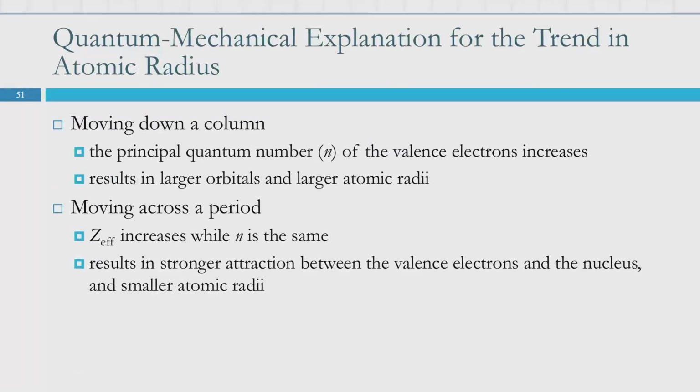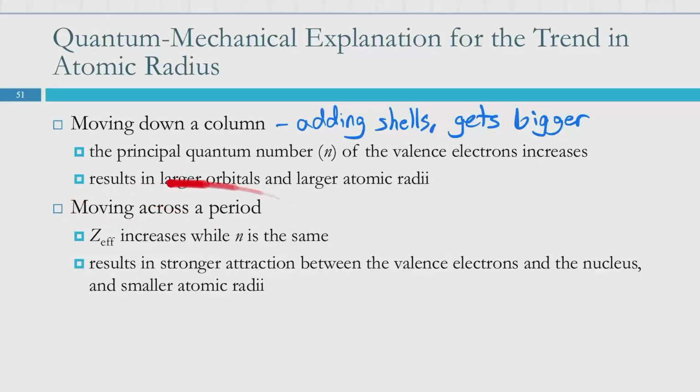So our explanation for the trend in atomic radius, when we're moving down a column, we're adding shells. The principal quantum number increases, we're getting bigger orbitals and larger atomic radius. So we're adding shells, that makes it get bigger. When we're moving across a period, the effective nuclear charge increases.